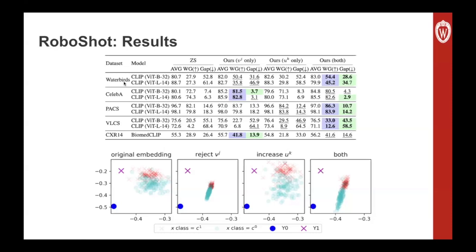So Waterbirds is pretty small, it's around 1,000, but CelebA is pretty big, around 80,000, I believe, 80,000 data samples in the data set. And we also tried this BiomedCLIP, biomedical data with around 20,000, I believe. And we actually also tried it on the ImageNet task set. Yes, so that's the amount of data that we use.